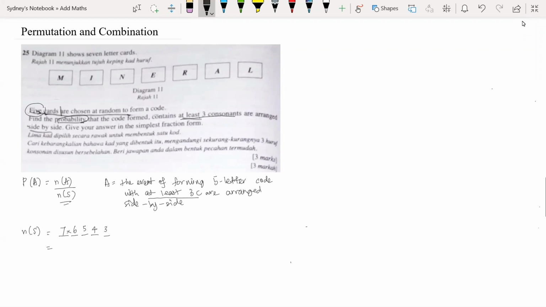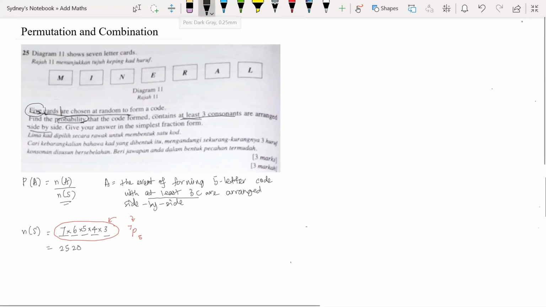We multiply these because they are the different ways for the codes to be formed: 7 times 6 times 5 times 4 times 3, which gives 2,520. You can also straight away use the formula: 7 letters, take out 5 to permute them. Either use this formula or the fill in the blank method. So we have the number of total outcomes.